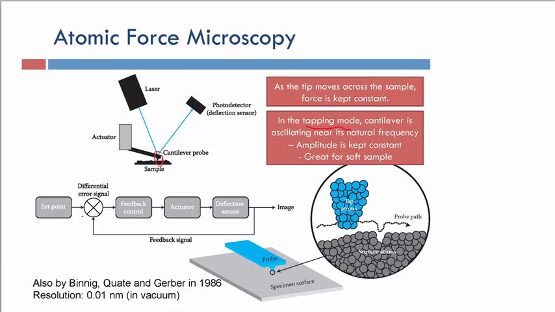That means that you keep the cantilever oscillating at or near its natural frequency with a constant amplitude, and tap along the surface of your specimen as you go. This is better for soft samples, and you're measuring force in that case. Again, these sorts of things always have a feedback loop that either maintains a constant force or a constant amplitude in order to get the measurement that they need.